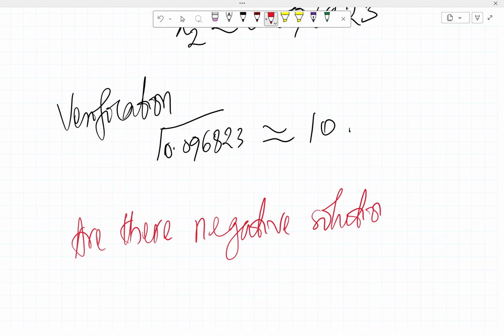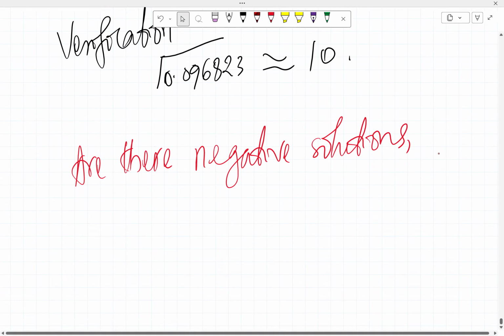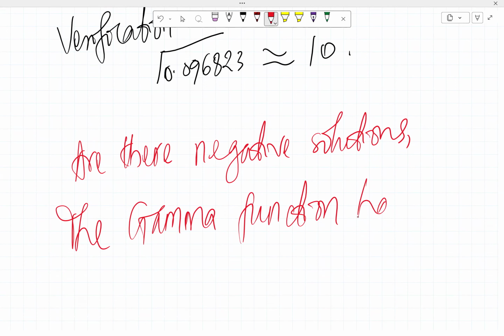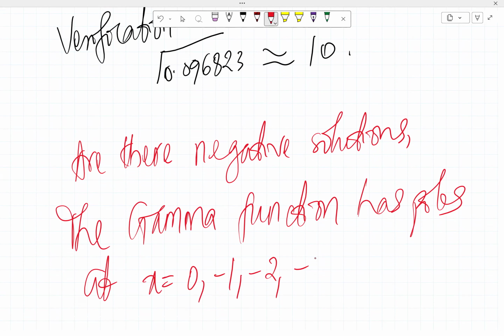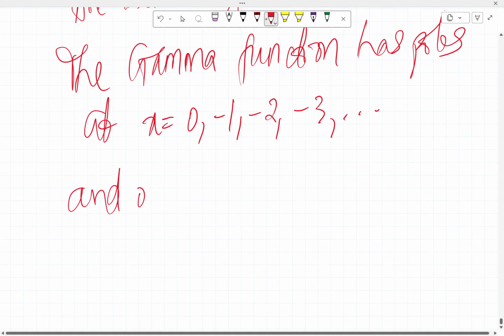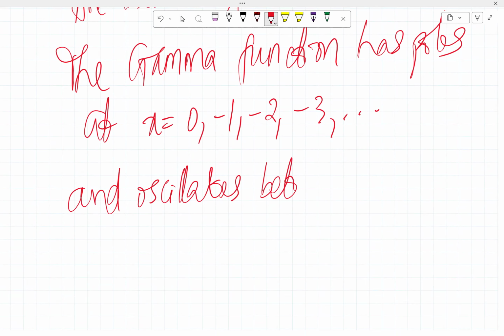The gamma function has poles at x equals 0, -1, -2, -3, and so on, and oscillates between these poles.